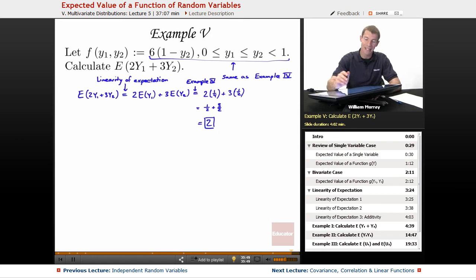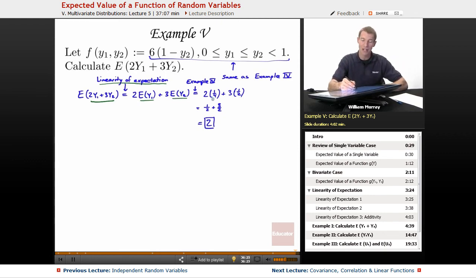And the reason we didn't have to do another integral is because this is the same setup as example 4, and we already worked out the basic values in example 4, and now we can just extend that using linearity of expectation. So if the phrase linearity of expectation doesn't quite trip off your tongue yet, it's worth going back and watching that third slide again, and you'll see how nicely it helps us in this problem, because it allows us to take 2y1 plus 3y2 and split it up and just find the expected values of y1 and y2 and then combine them back together.